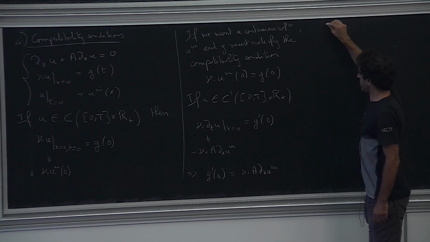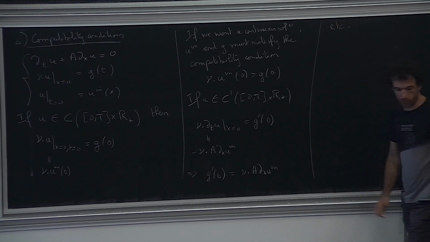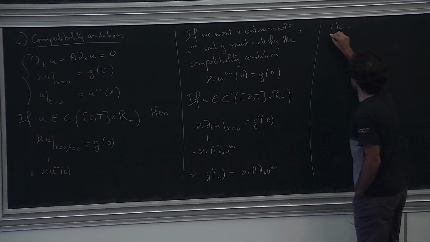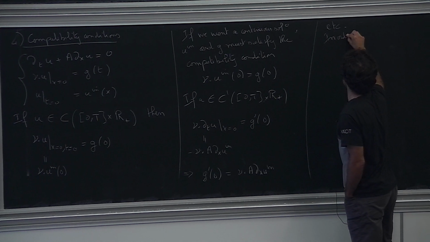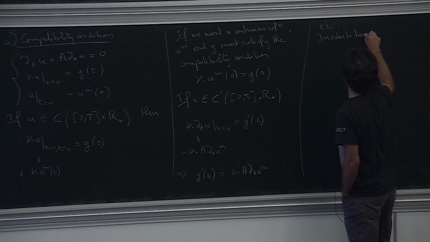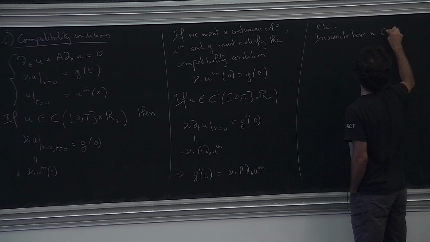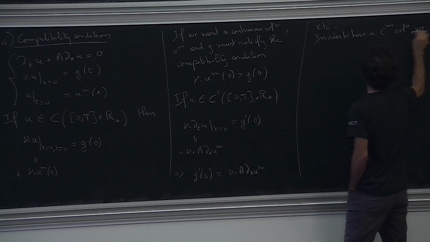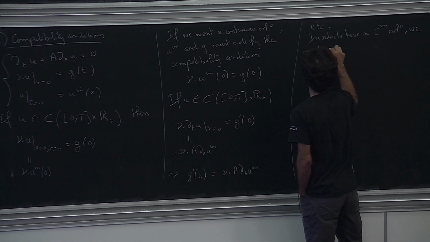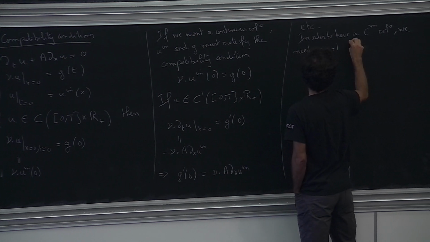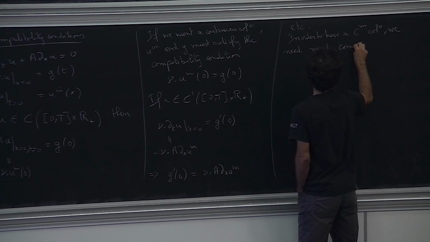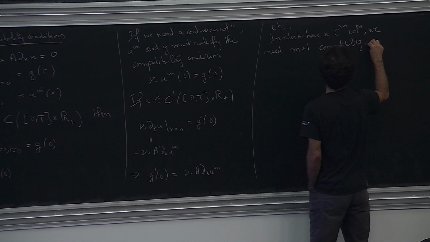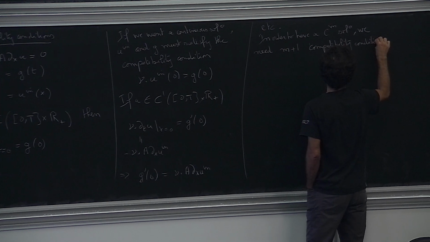So the idea is that in order to have a CM solution, we need m plus 1 compatibility conditions.